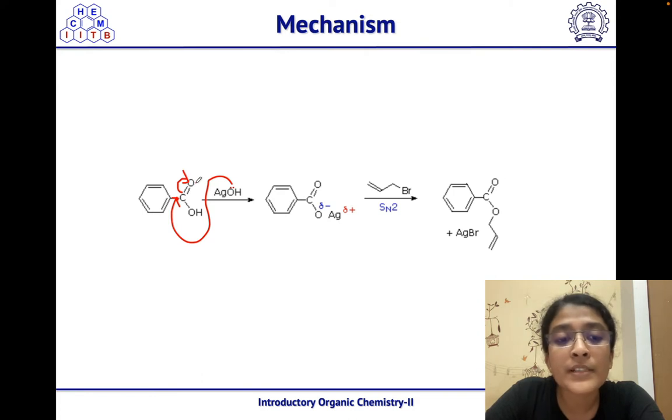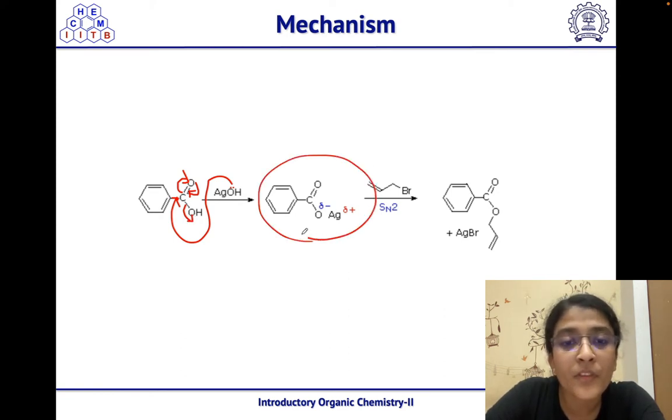Then upon this falling back, this hydroxyl group will eliminate and we will get this species, this C double bond O minus Ag plus species. And since this oxygen is having delta negative charge, it will undergo SN2 reaction with this allyl bromide, and it will lead to formation of this product, double bond O minus, and then allyl will add on to that.